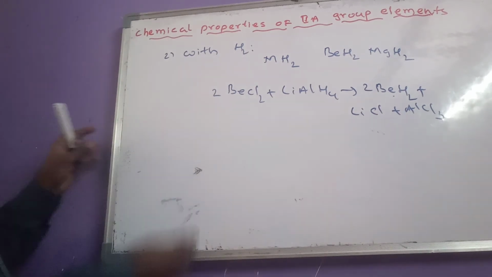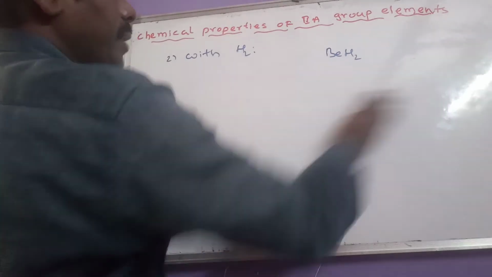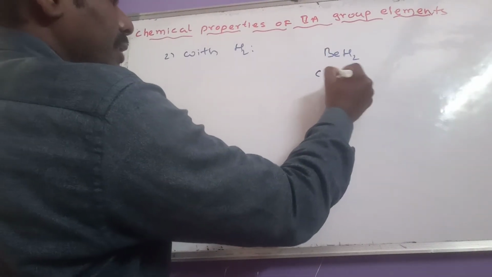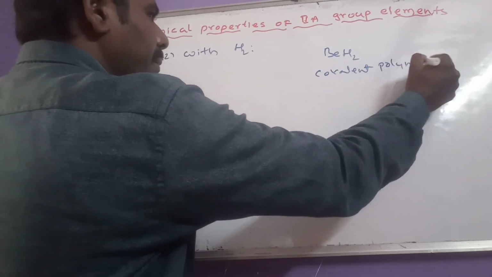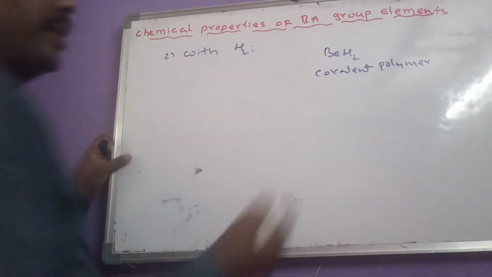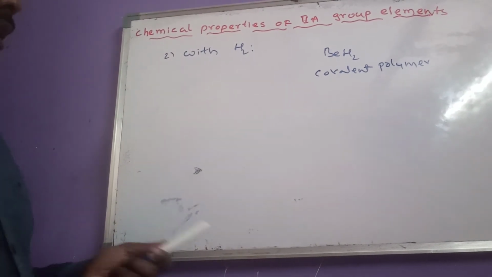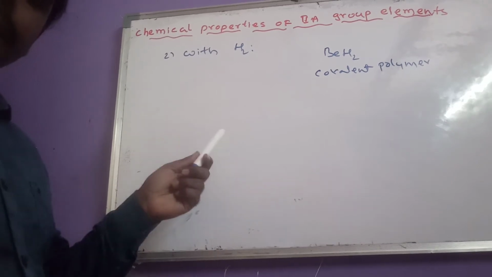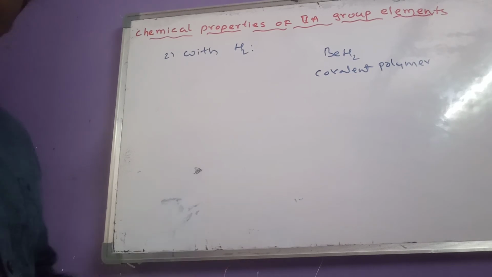So like that, beryllium and magnesium hydrides are prepared by the reduction of their corresponding halides with lithium aluminum hydride. And one more important thing here, beryllium hydride is covalent in nature and has a polymeric structure. So beryllium hydride is a covalent polymer, and the ionic nature of these hydrides increases from beryllium hydride to barium hydride.